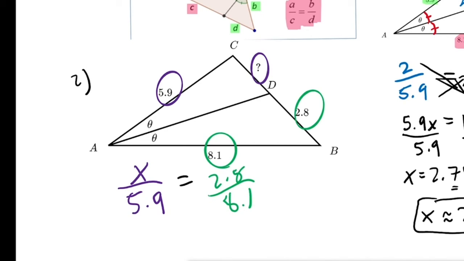So again, we went this way, but we could have gone the other way. You could have done 5.9 over x and 8.1 over 2.8. That would have worked just as well.